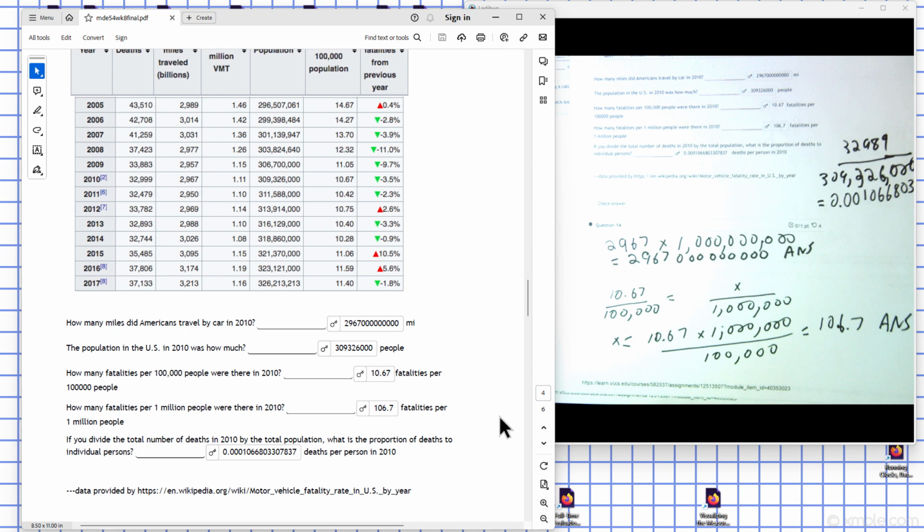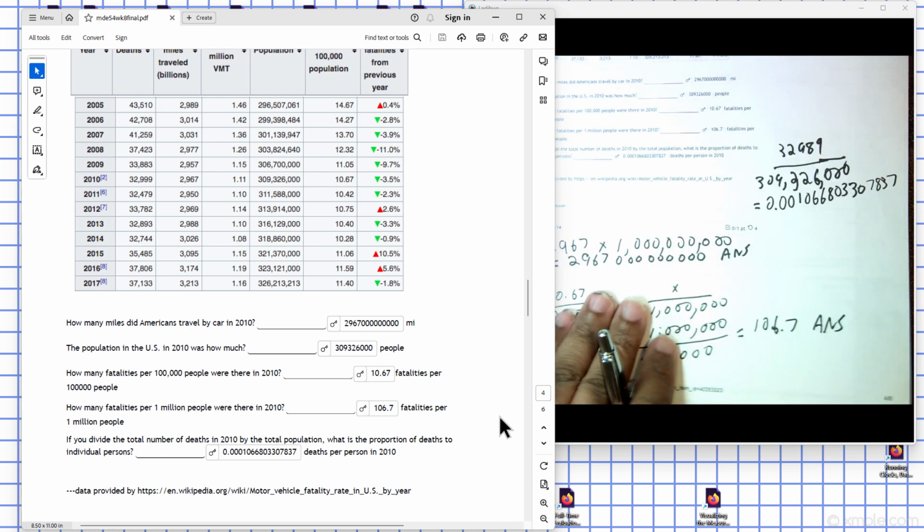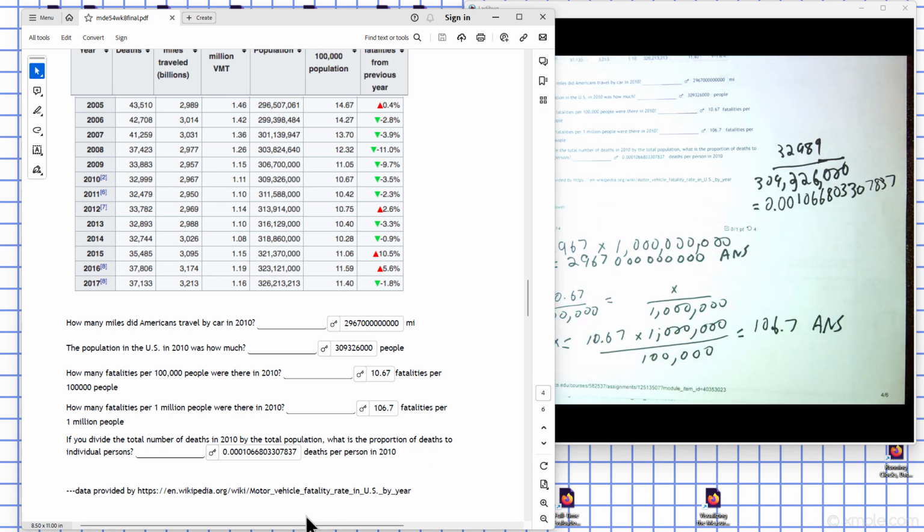And the last one there: if you divide the total number of deaths in 2010 by the population, you have the rate of the number of deaths per person. That's the rate in 2010, and there it is. And that was number 13.